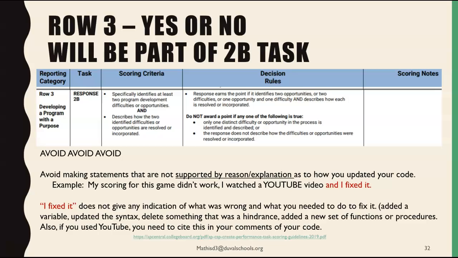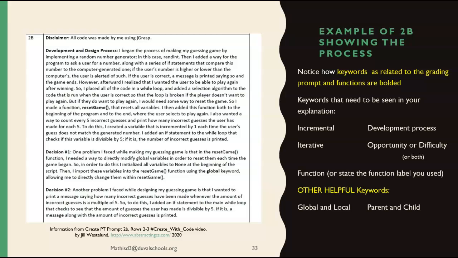Here's an example from another teacher that is really a bigwig in the AP world. And if you noticed, there is a disclaimer that all code is made by me by using this program. So he didn't use any other people's stuff, but he's giving credit for himself.